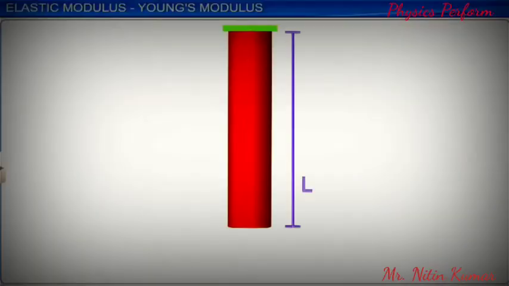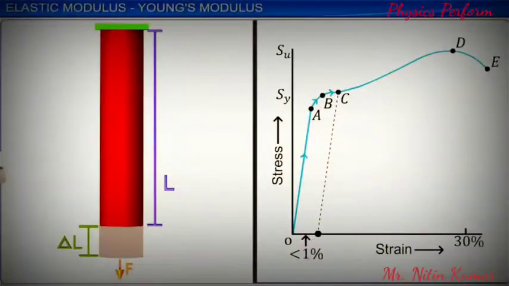Consider a solid rod suspended from a rigid support and subjected to tensile force as shown. The stress-strain curve for most materials is a straight line for low values of strain. Hooke's law is obeyed along the straight line OA on the stress-strain curve. Accordingly, stress is proportional to strain here, and the slope of the straight line on the stress-strain curve is called modulus of elasticity.